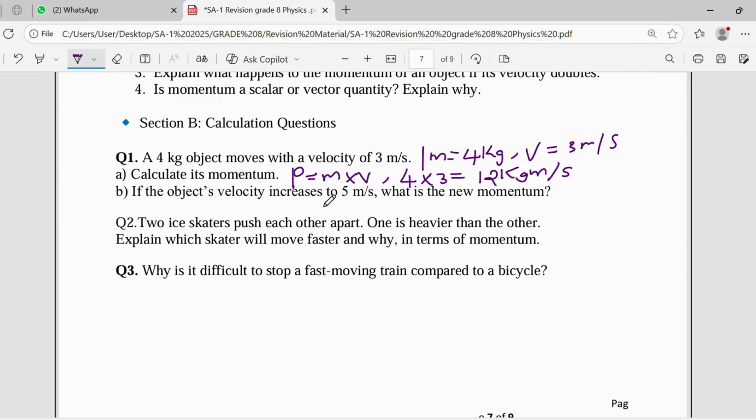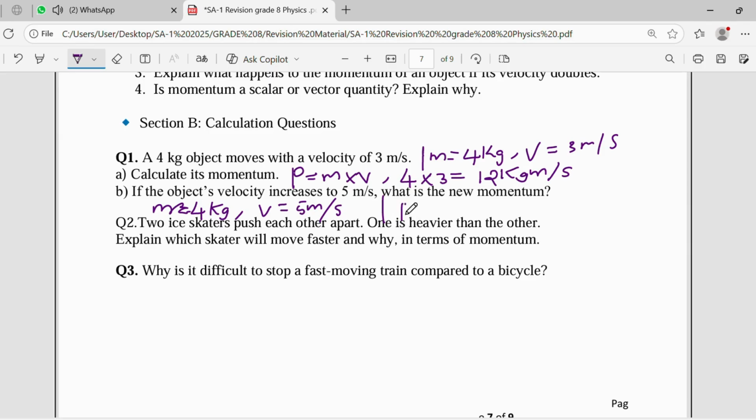If the object's velocity increases to 5 meters per second, what is the new momentum? So already we have the mass, M equals 4 kg, and the new velocity is 5 meters per second. So velocity V equals 5 meters per second. We need to calculate the new momentum, right?